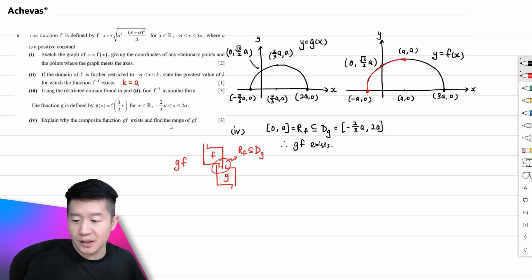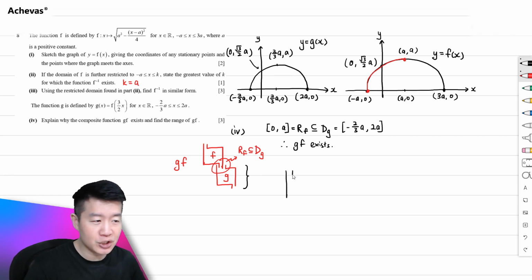And we are supposed to find the range of the composite function gf. To find the range of a composite function gf, one good way is to take a look at just the last function g. Let me use red color.